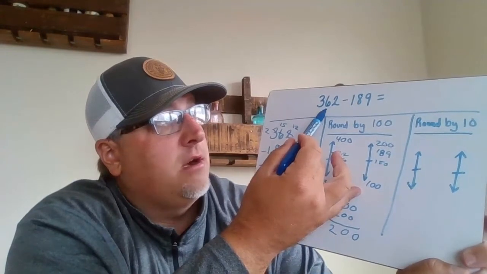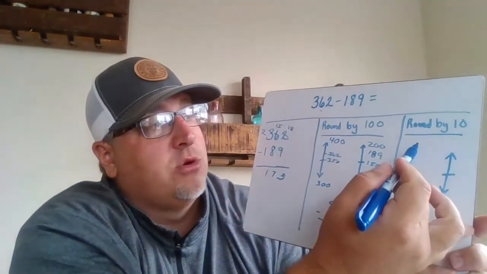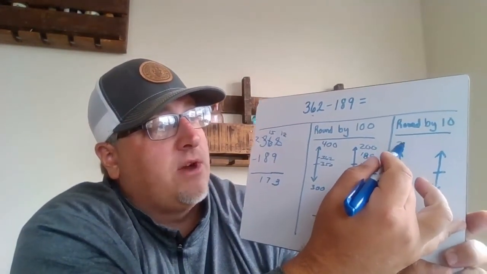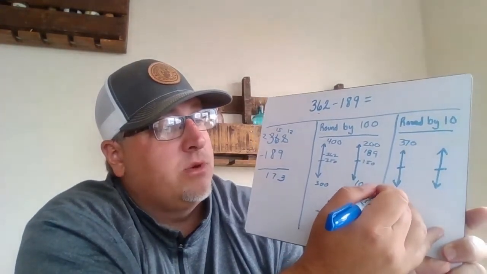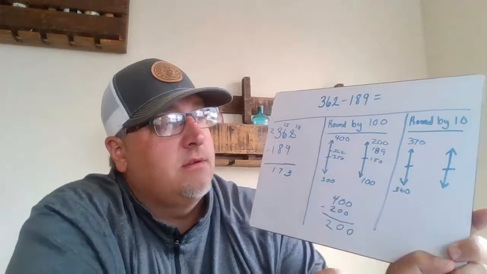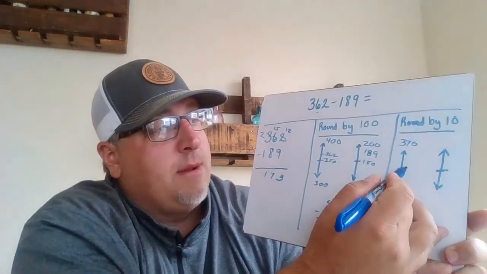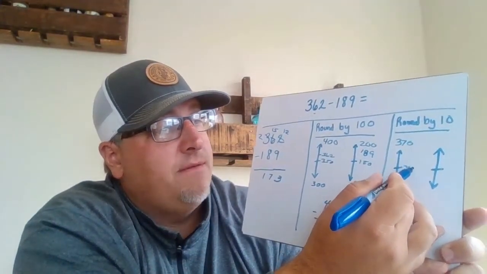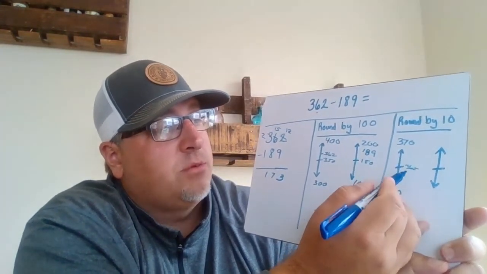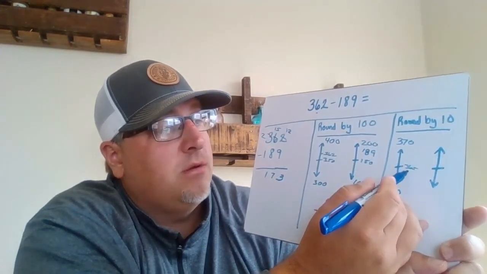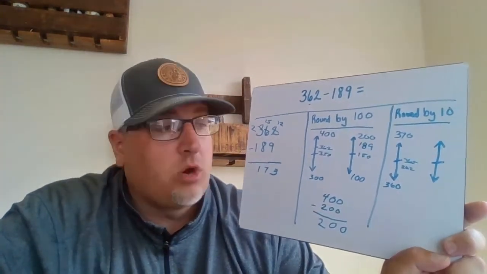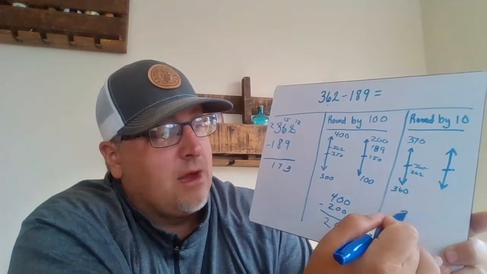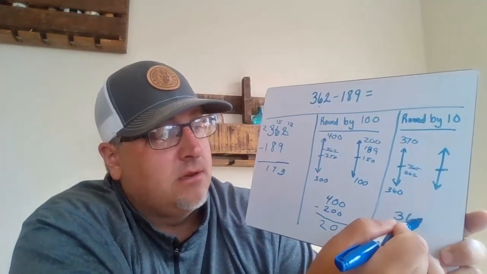So for 362, rounding up would give us 370, or rounding down would give us 360. Our midway point is going to be 365. So 362 is right below that. So we're going to round down to 360.